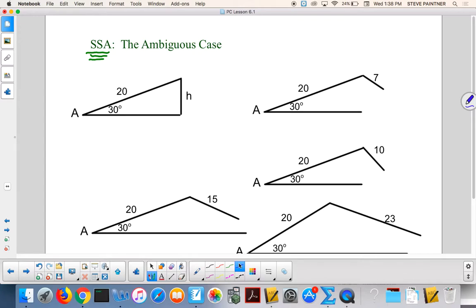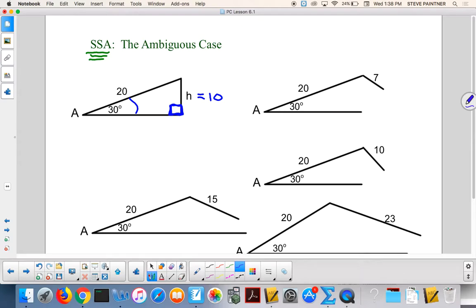Here's a right triangle. Okay. So if that's a right triangle and this is 30 degrees and the hypotenuse is 20, do you guys know the height? It's 10. Yeah. Side opposite of 30 was always half the hypotenuse. It's 10. Okay. I put this same triangle up, the same angle, the same hypotenuse up over and over.